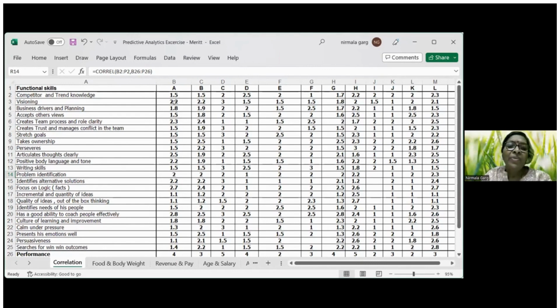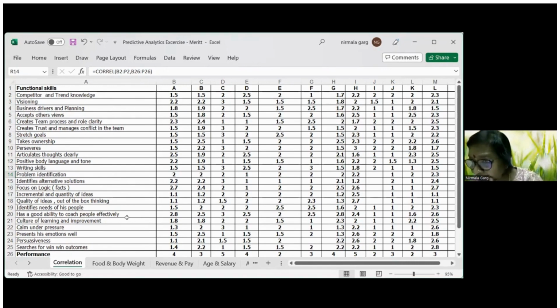Now, the performance is dependent on all these various functional skills and competencies: competitor trend knowledge, visioning, business driver planning, accepting others' views, etc. They have been assessed, and all these employees have been given a rating on all these skills and competencies.